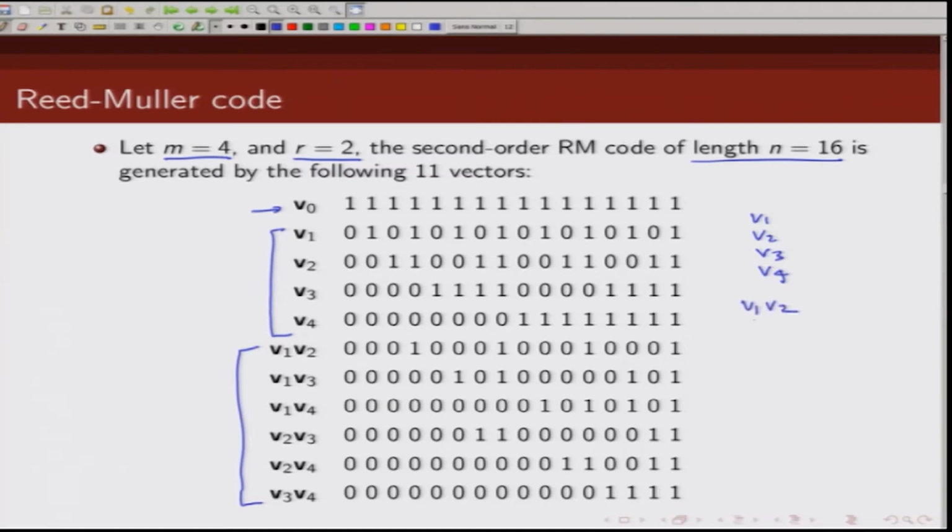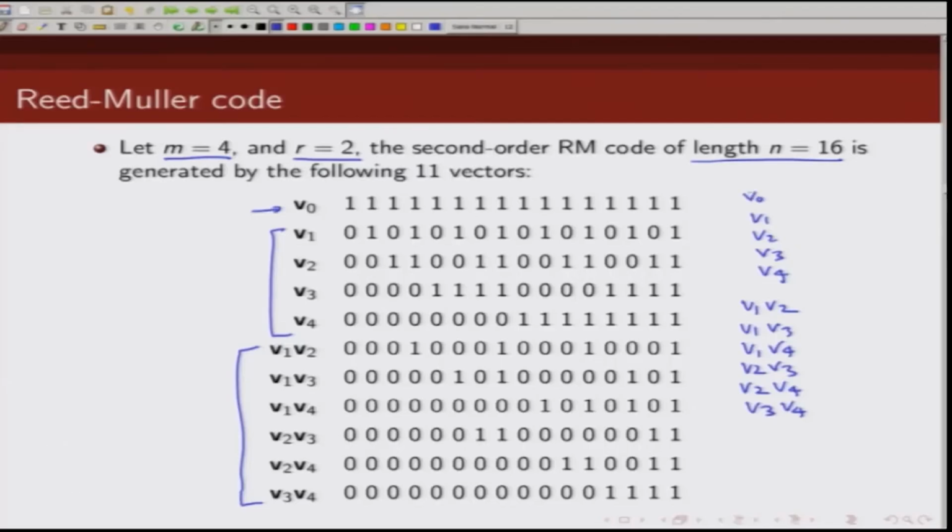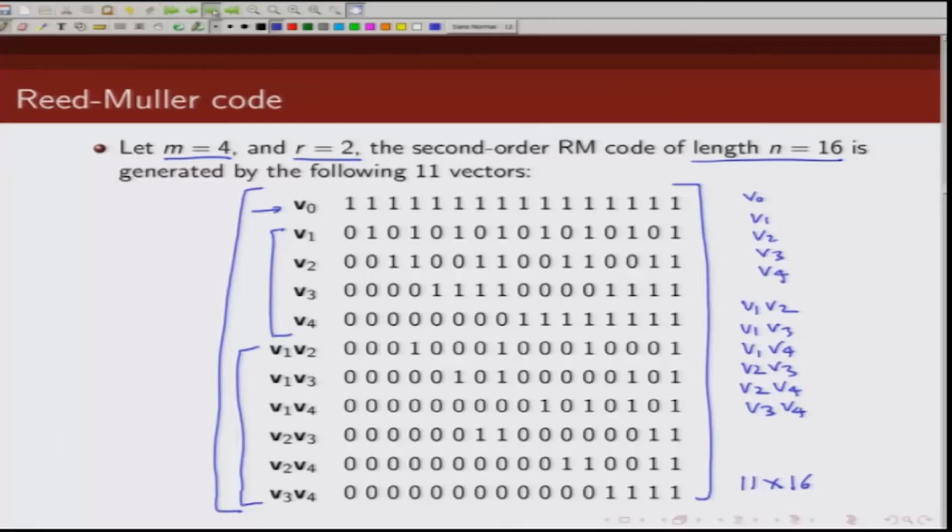So, that would be V1 V2, V1 V3, V1 V4, V2 V3, V2 V4, V3 V4, and that is what we have listed here. And of course, you have your all one pattern, and these. So, what you are going to do is arrange these as rows of your generator matrix. So, this is your 11 cross 16 generator matrix, okay, and we will use this to generate our set of code words.